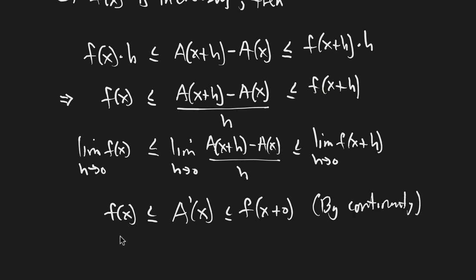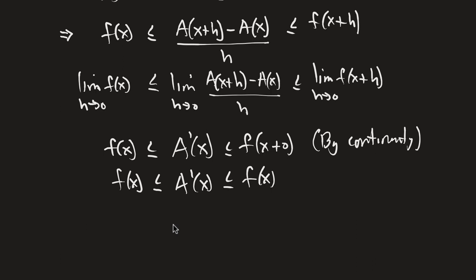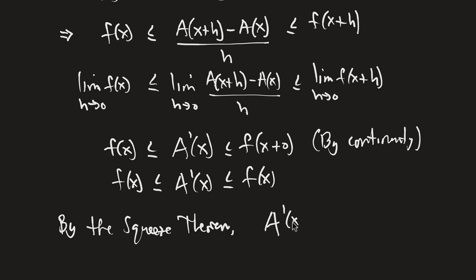But what do we have here? So f of x is less than or equal to A prime of x, which is in turn less than or equal to f of x. So the derivative of our area function is squeezed between f of x and f of x. So by the squeeze theorem, our A prime of x is equal to f of x, right?